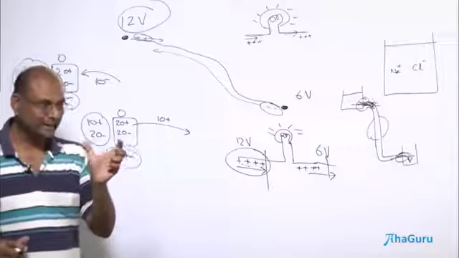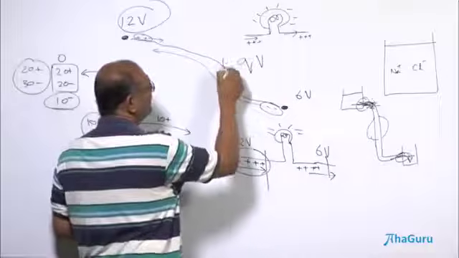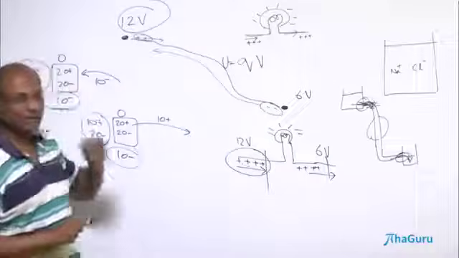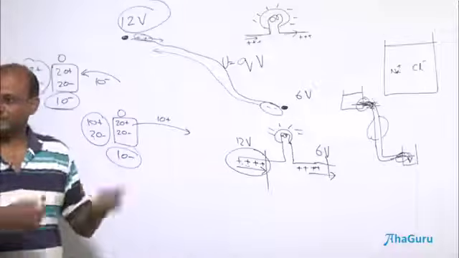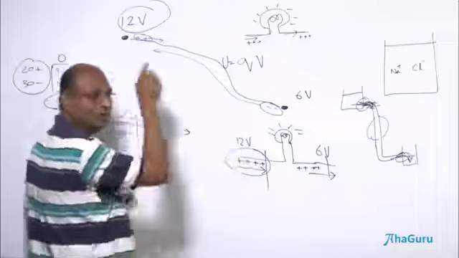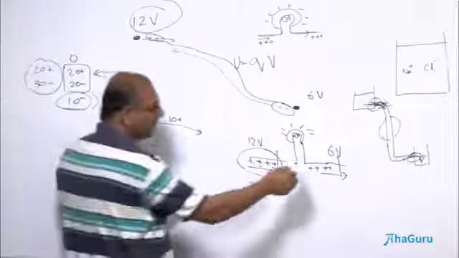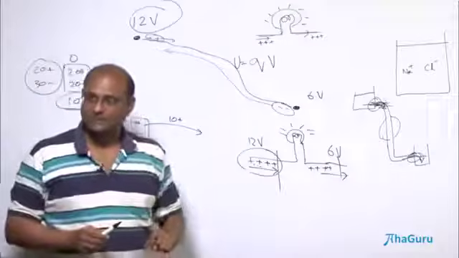That is the energy, right? Remember that? We did this. Q into V would be U, potential energy. V is potential, but if you have a charge, the charge into the potential gives you the potential energy. So the amount of potential energy will be the amount of charge into 12 volts. Whereas here, it will be the same amount of charge into 6 volts.